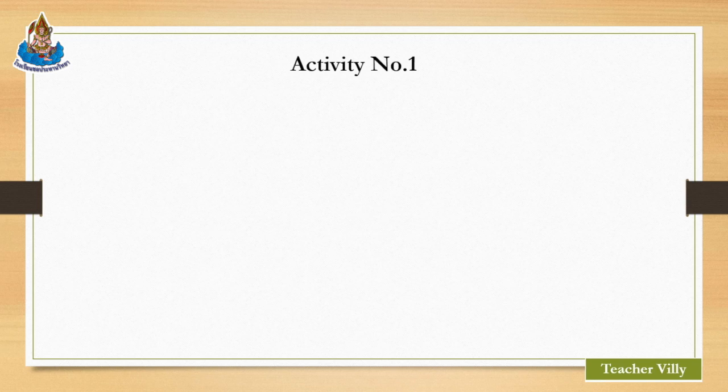So first question, we have the numbers 65,012, 9,408, 53,146,728. Now, which number whose underlined digit has the greatest value?